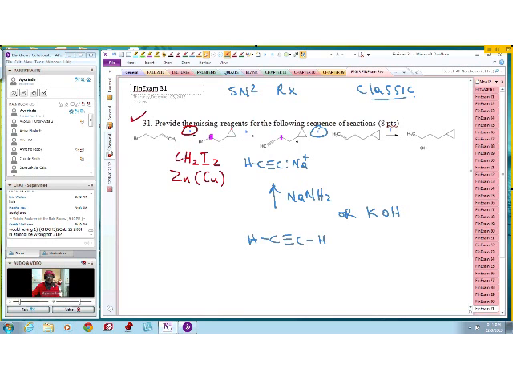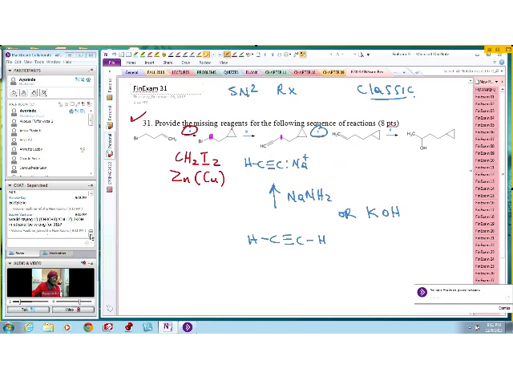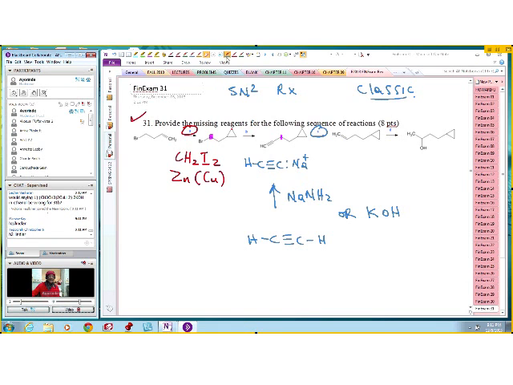Okay, about C. We want to go from a carbon-carbon triple bond to a carbon-carbon double bond. Okay, what reagent do we need? We want to go from a triple bond to a double bond. Anybody has an idea? Okay, Lindlar, hydrogen in the presence of Lindlar. Okay, excellent.